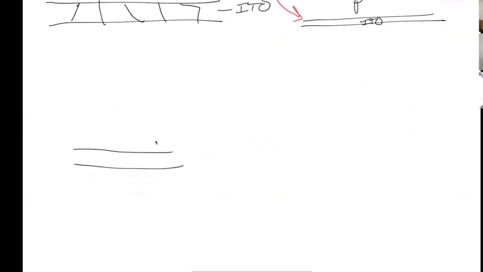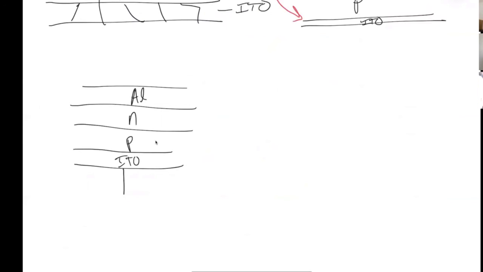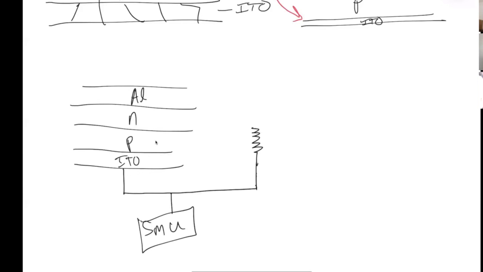So let's take another 4-layer device, ITO, P, N, aluminum, and say we've hooked it up to the source measure unit again, where let's put a resistor in parallel with the device.